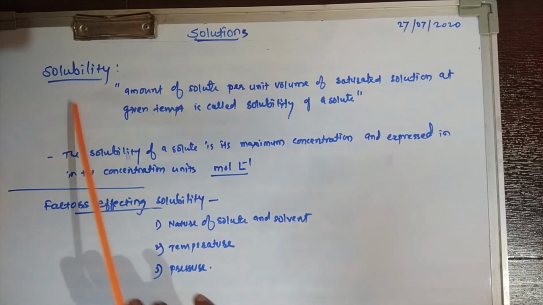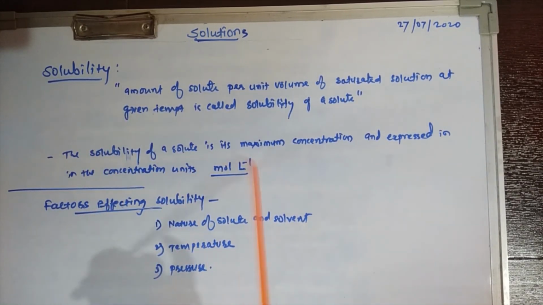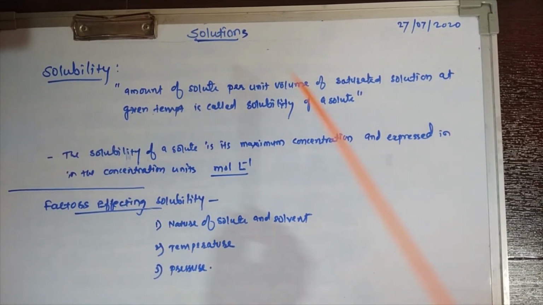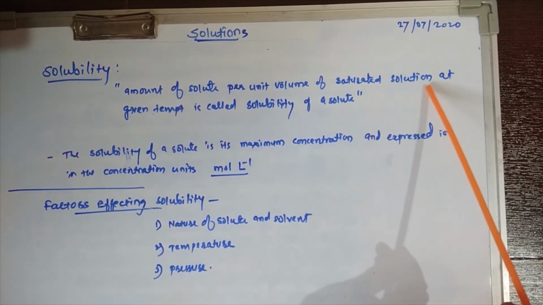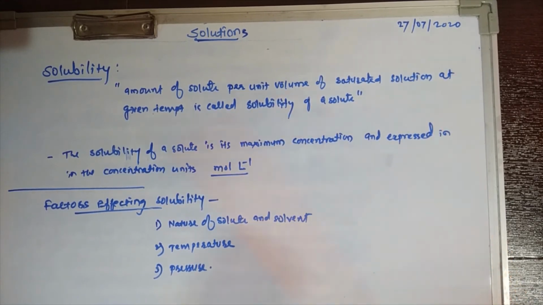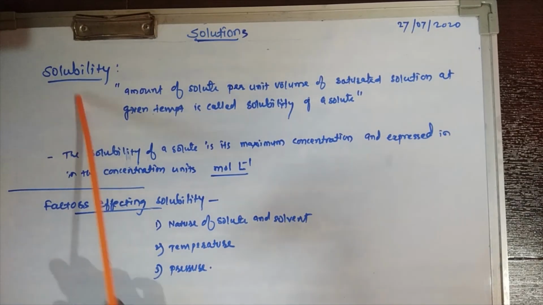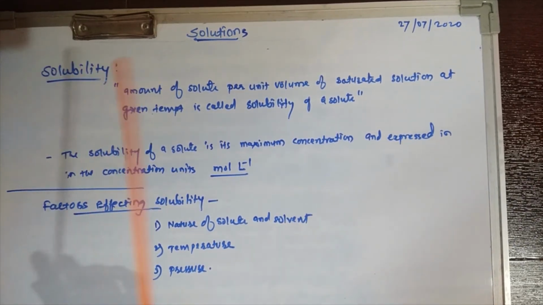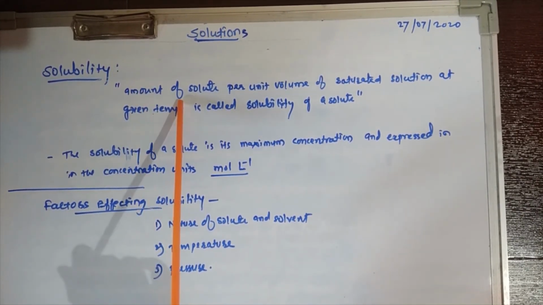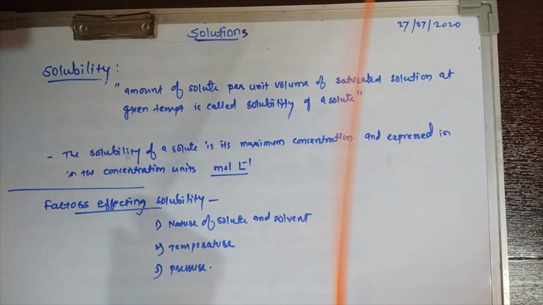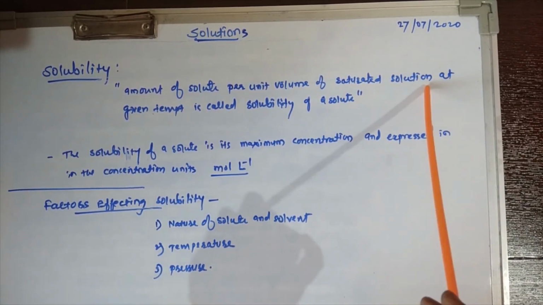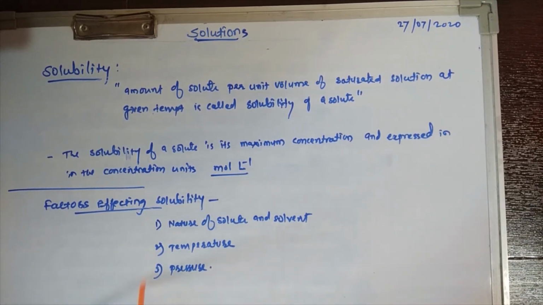What is solubility actually? It is the maximum amount present in a specific amount of the solvent. Instead of saying maximum amount of the solute, we can simply say saturated solution. So it is the amount of the solute per unit volume of the saturated solution at a given temperature. But how much solute is present in a saturated solution depends upon some factors.